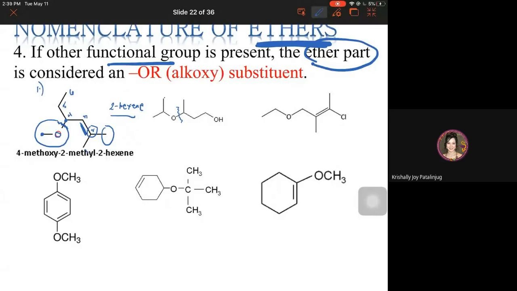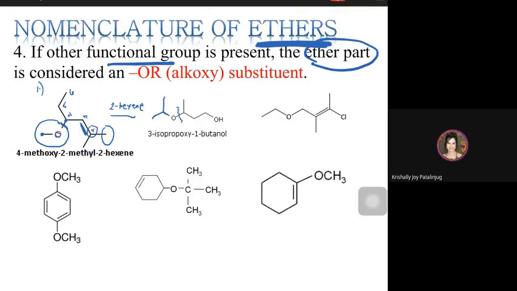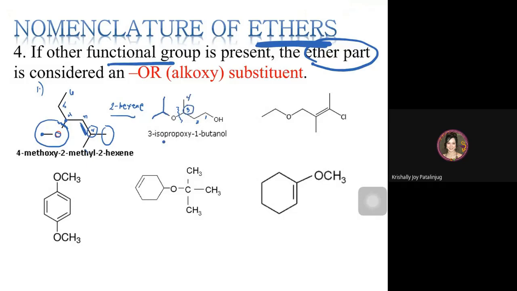If it were just the alkyl group, that is isopropyl. Change the -yl into -oxy, so isopropoxy. The parent chain is 1, 2, 3, 4, continuous. So at carbon 3 there is an isopropoxy.